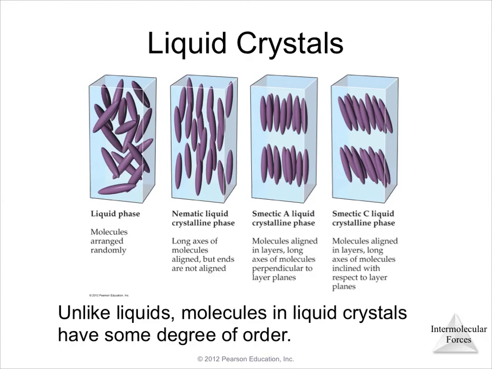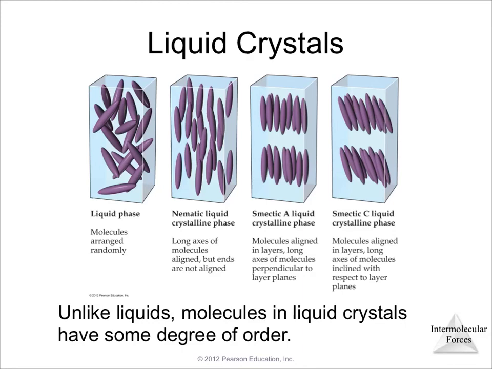In terms of liquid crystals, there are several different types. We can have the liquid phase, where molecules are arranged more randomly and are easily able to flow past one another. We could have something called the nematic liquid crystalline phase, where all of our molecules are aligned in terms of their long axes.